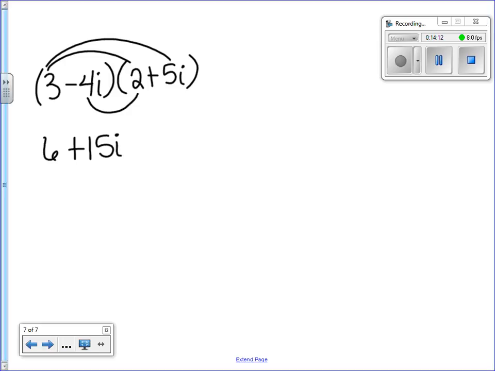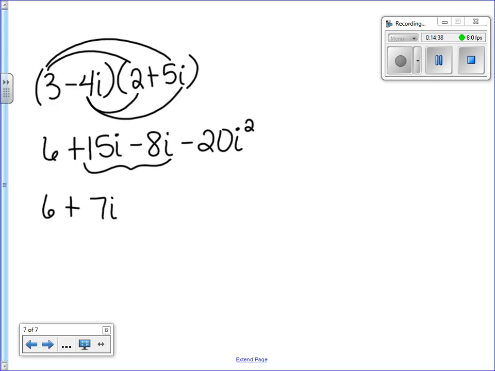Negative 4i times 2. And then negative 4i times 5i, negative 20i squared. Alright, now let's simplify this. These two are like terms, so it's going to be 6 plus 7i.